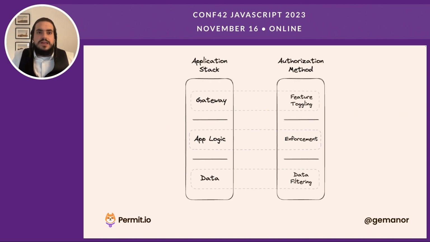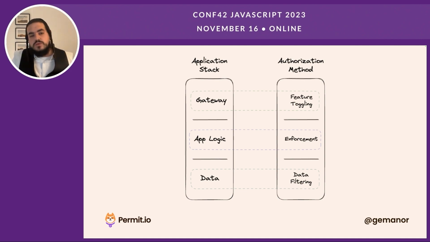Second point is the level of authorization. An application stack is usually built from, let's say, the UI or gateway, right? The way that we expose the application logic to the user, then the application logic, and the data itself, the database. In the application logic, which is the main part of our code, we want to do enforcement. We want to have a simple function that gets these 3 principles, user, action, and resource, and returns true or false. We don't want to do the decision in the application logic.